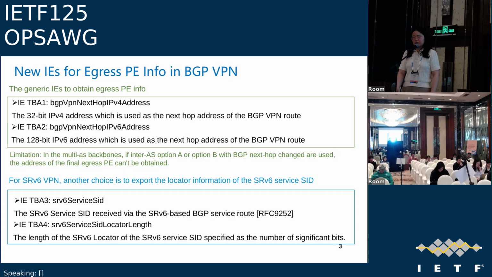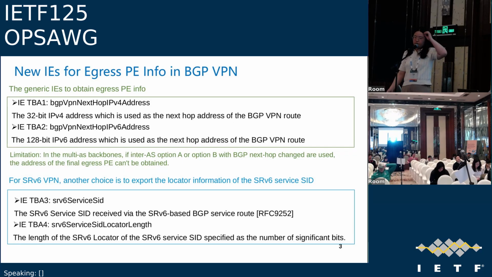They can be used to carry the next hop address carried in the BGP VPN route, which is normally the address of the egress PE. But there are some limitations. In multi-AS backbones, if inter-AS option A or option B is used, you can't get the egress PE address. You can only get the address on the ASBR. But it seems we will accept it as it is.